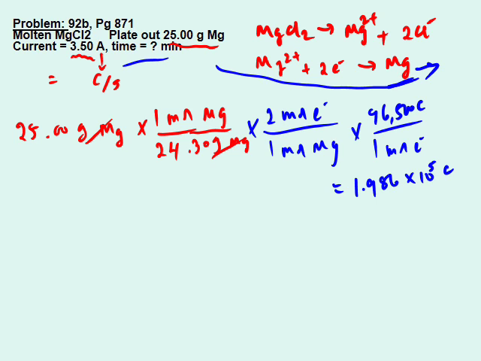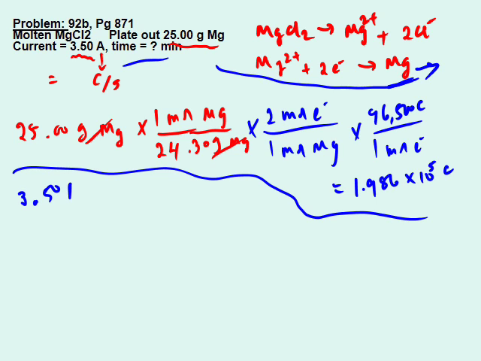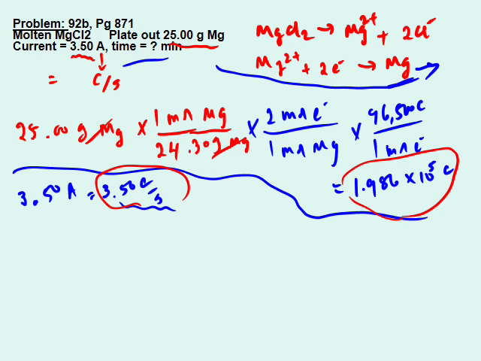So what I have now is coulomb. I also have coulomb per second. Let's look at both figures. 3.50 ampere is the same as 3.50 coulomb per second. So obviously we need to use these two numbers, 1.986 times 10 to the power 5 coulomb and 3.50 coulomb per second, to get second.